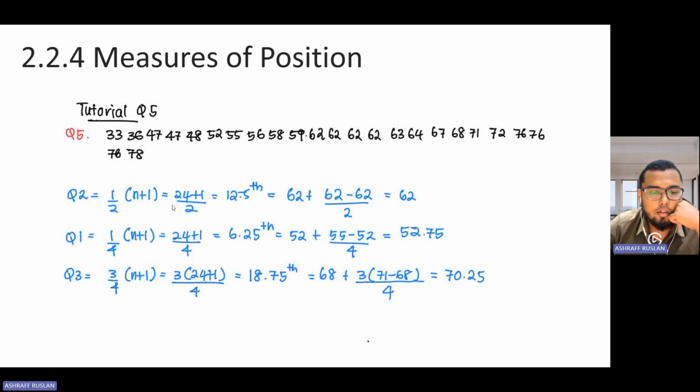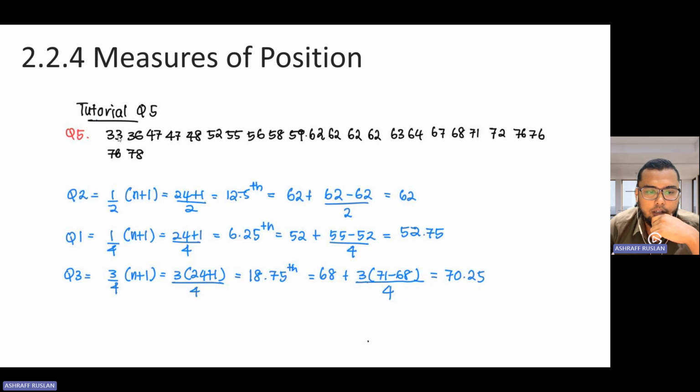So formula dia 1/2. We know that half. Since our data here is 24 data, 24 figures. So 24, which is n, 24 plus 1 divided by 2 is 12.5.